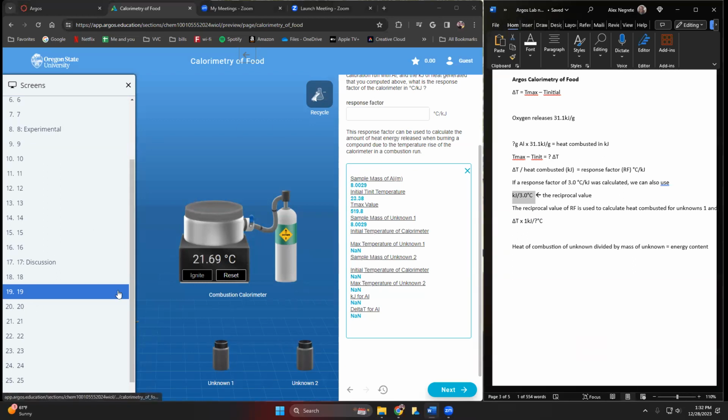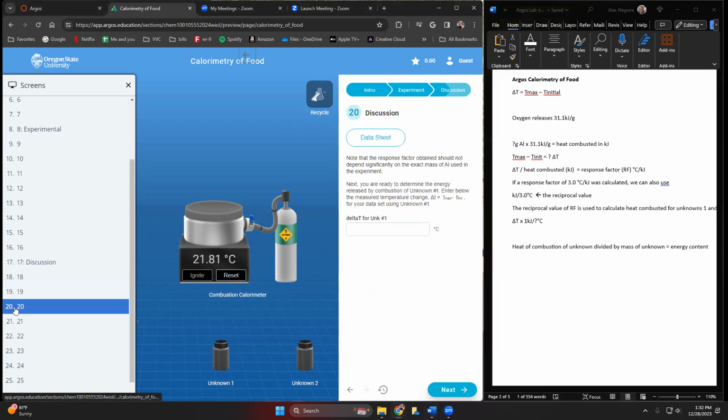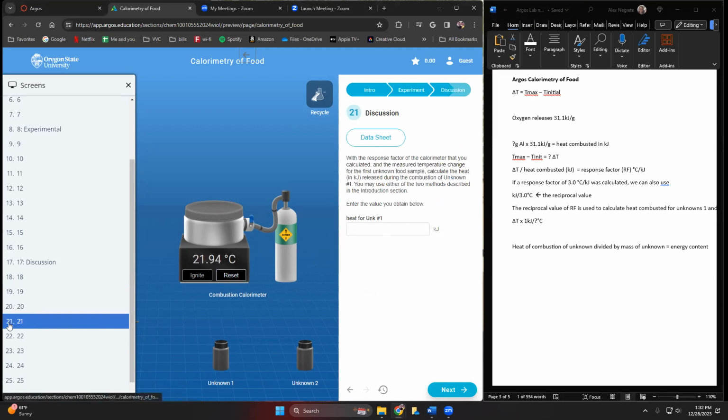So that when we get to the unknowns, if we can figure out what the temperature change is, once we know the temperature change, we can use it to calculate the kilojoules. And we're going to set it up like this.